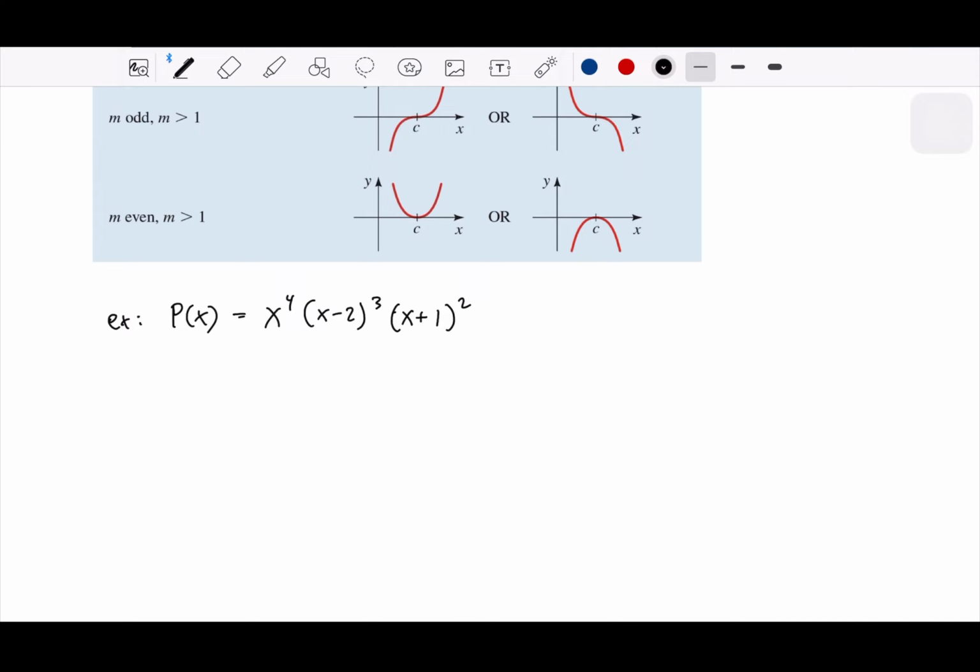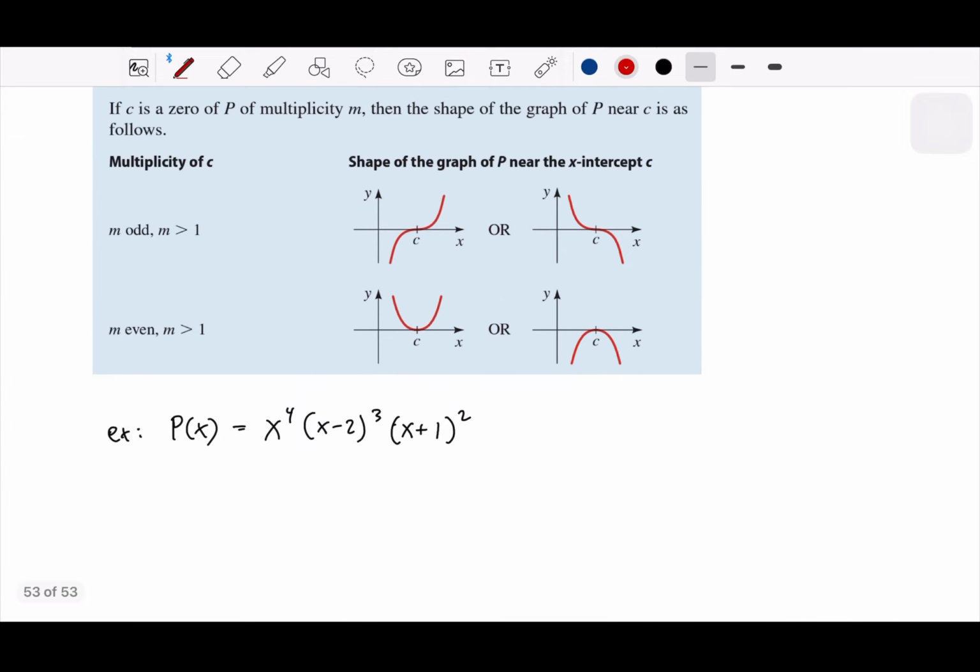So what's the deal with this multiplicity? Multiplicity means this part, the exponent. So we have x 4 times, x minus 2 3 times, and x plus 1 2 times. And these numbers 4, 3, 2 determine how the graph behaves near the intercept c.